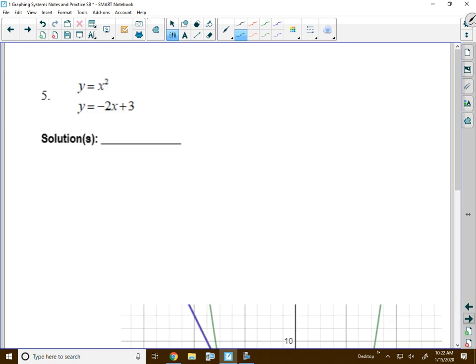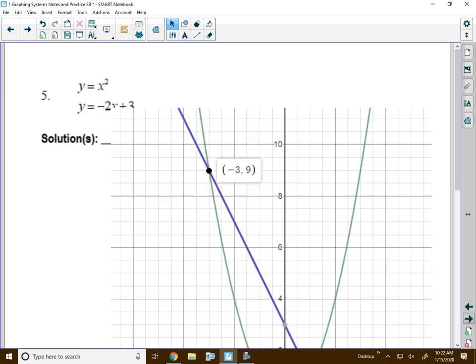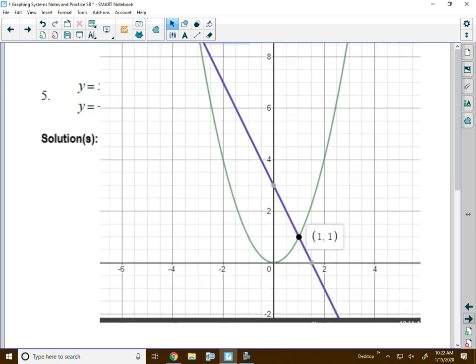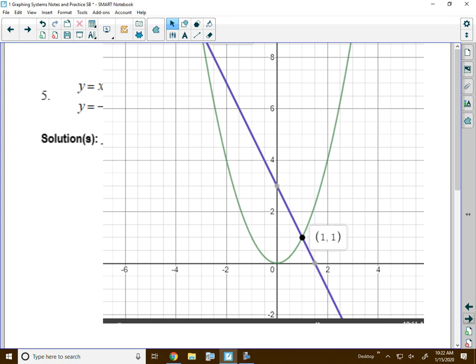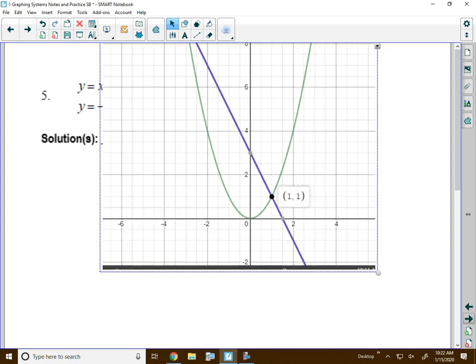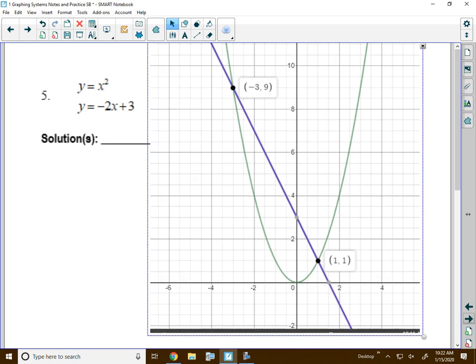Okay, so number 5, I just want to show you what these look like. I typed in y equals x squared and y equals negative 2x plus 3 into Desmos. Here's what happened. Now, I think I need to do that a little bit smaller so we can see the top. There it is. Do you see how the purple and green intersect?